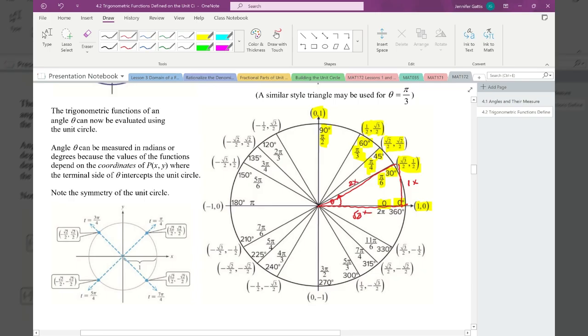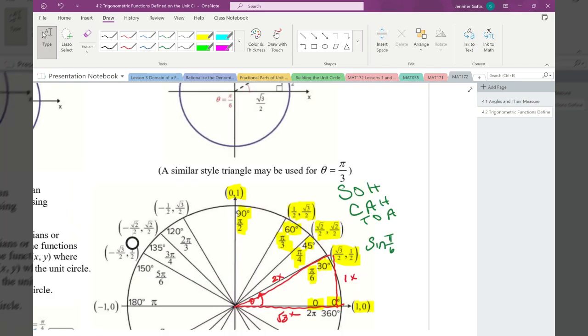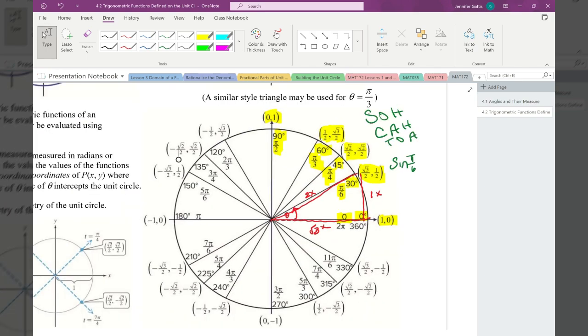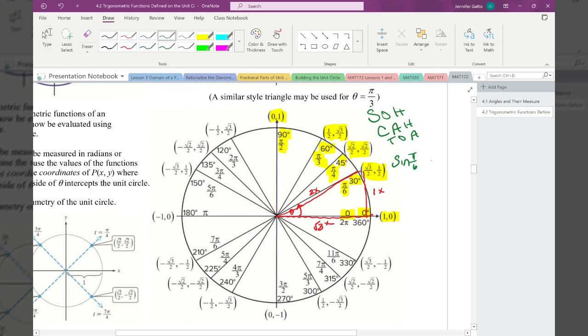So that means that the sine of pi over 6, remember our SOHCAHTOA, is opposite, which is 1, over hypotenuse.